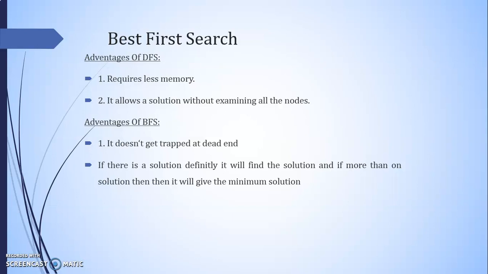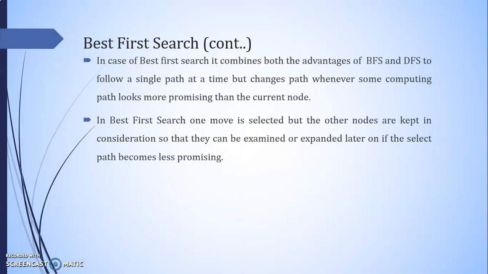So these are the advantages of DFS and BFS. And best first search includes the advantages of both search techniques. It combines the advantages of BFS and DFS to follow a single path at a time, but changes path whenever some competing path looks more promising than the current node.